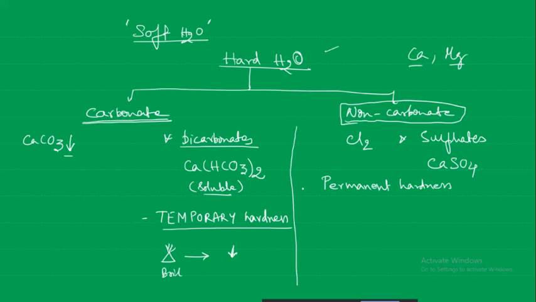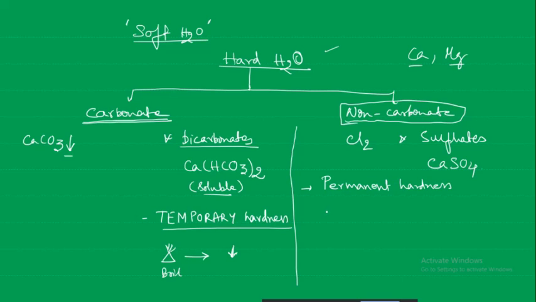Okay. Permanent hardness means what? Simply, it cannot be removed by boiling. Simply if you boil, that will not remove this one. You need to do some specific chemical treatments.